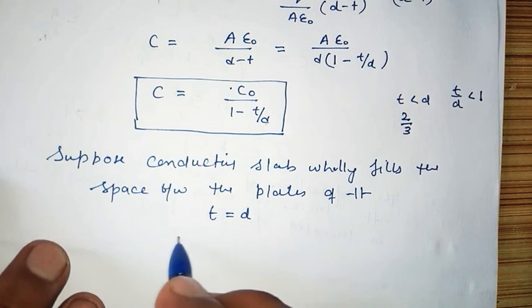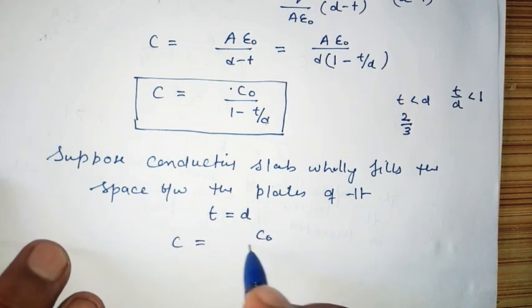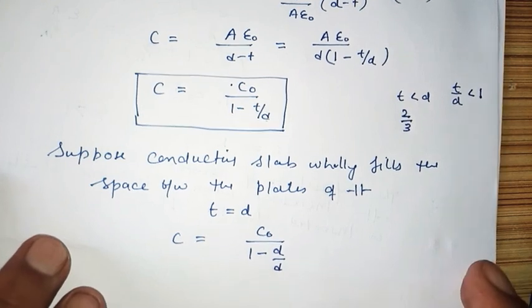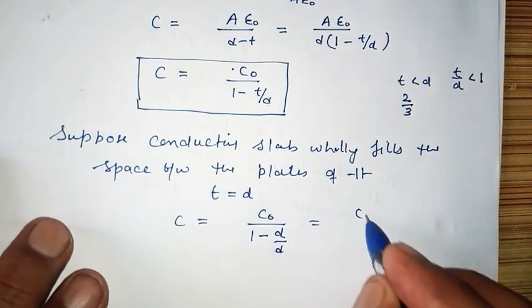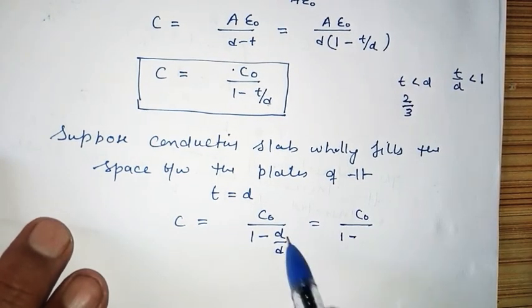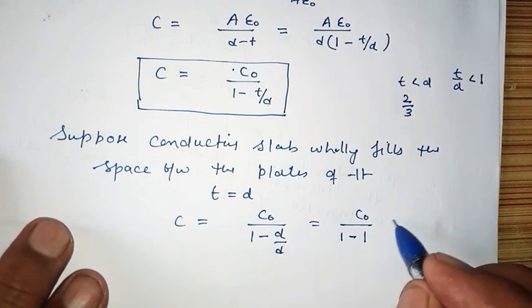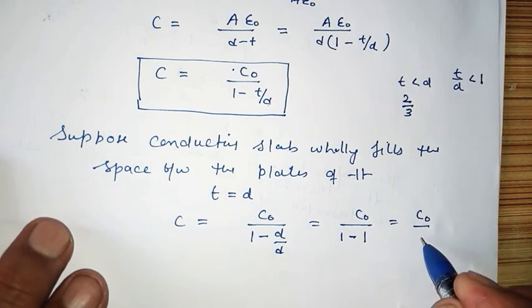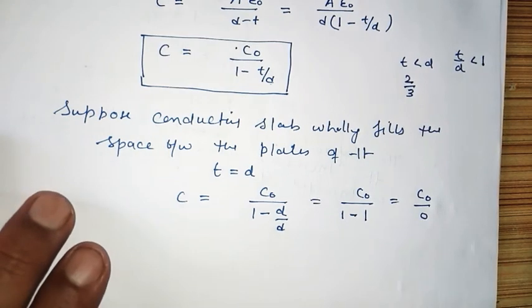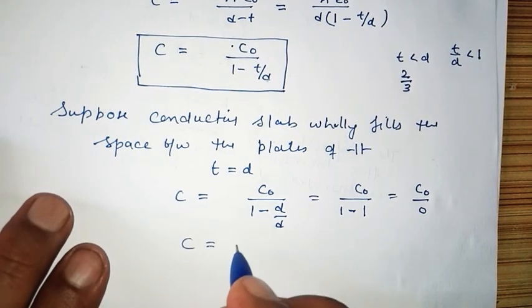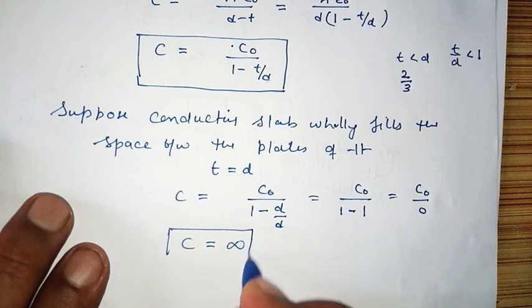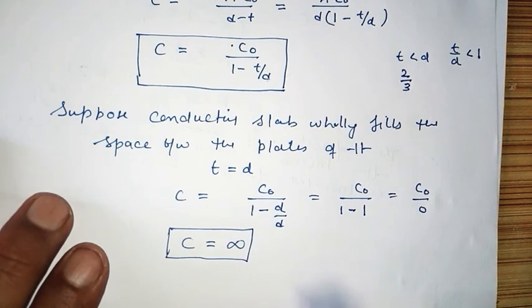So if T equal to D, C equal to what? C naught upon 1 minus D upon D. D upon D cancelled out, what is left? 1. So C naught upon 1 minus 1, that is 0. So C equal to infinity. 1 upon 0 is infinity.